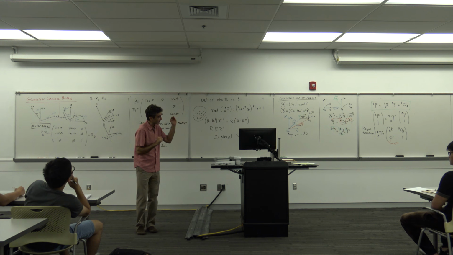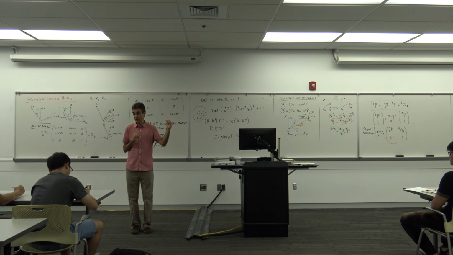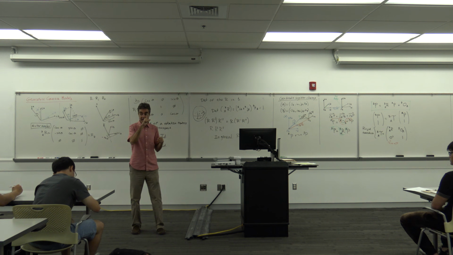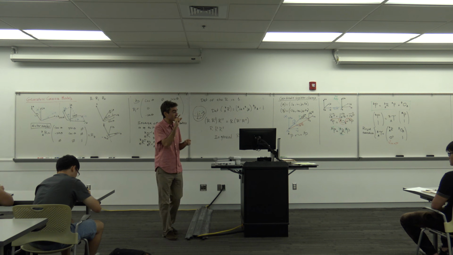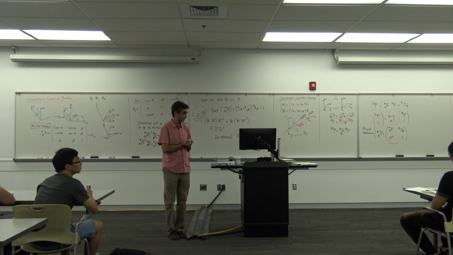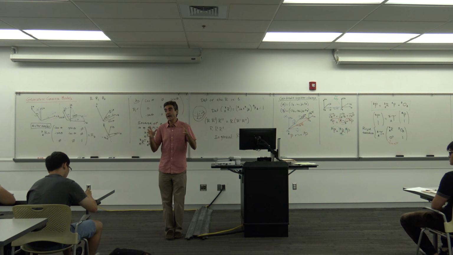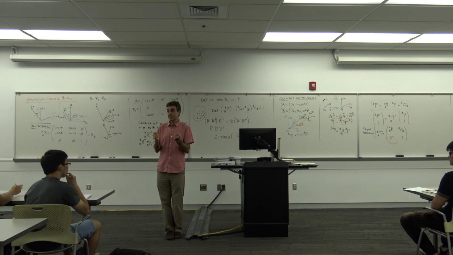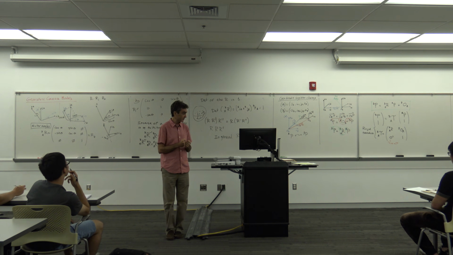When I apply a rigid transformation, the angle between any two vectors is preserved, right? There's no way I can change the angle between two vectors by applying a simple rigid transformation.